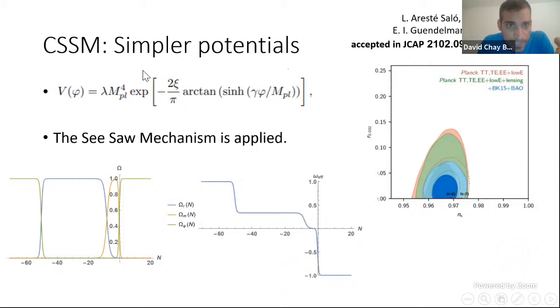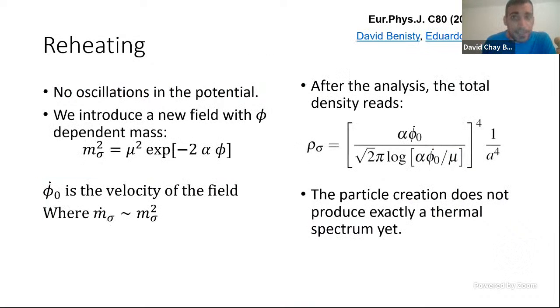For instance, you can see this kind of potential does not have too many additional parameters. Okay, it has only lambda and psi, and gamma. So the same number of parameters that we had before. And in this paper, we also gave an example for some reheating model.